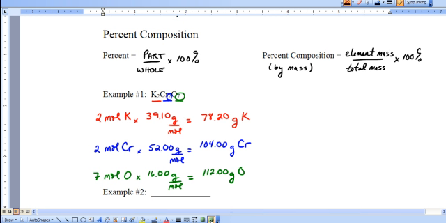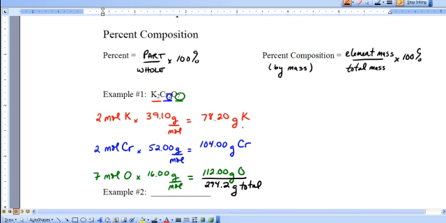And so when you add up those masses, you take your 78.2 plus 104 plus 112, add them up, that gives you a total mass of 294.2 grams total. Now, the percent composition of each element is simply going to be the parts divided by the total times 100%.